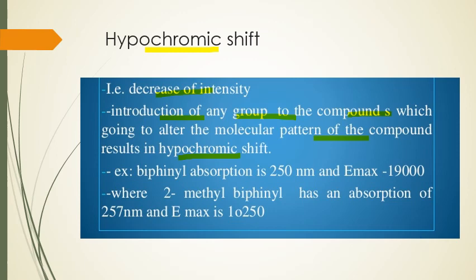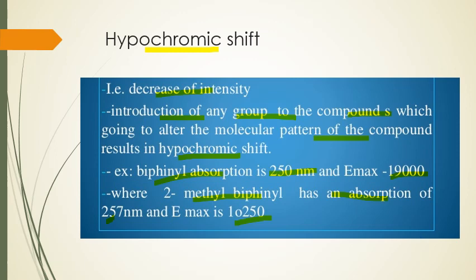Here you can have the example: biphenyl absorption is 250 nanometer and its intensity is 19,000, whereas 2-methyl biphenyl has an absorption of 257 and its intensity decreases to 10,250. That is 19,000 here, and 10,250 there. So the intensity goes on decreasing.